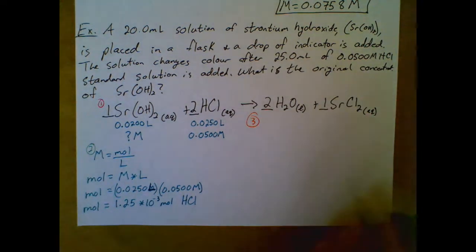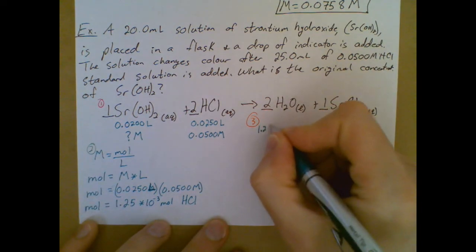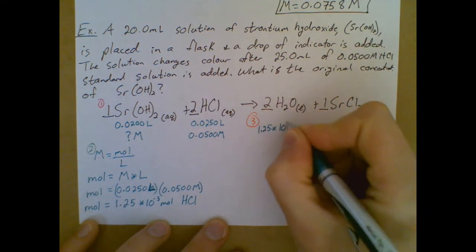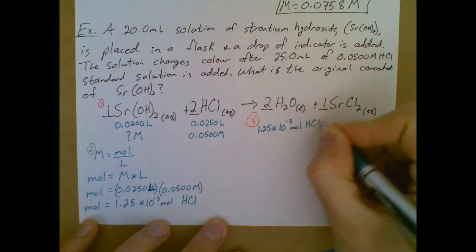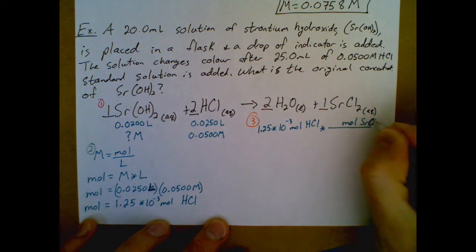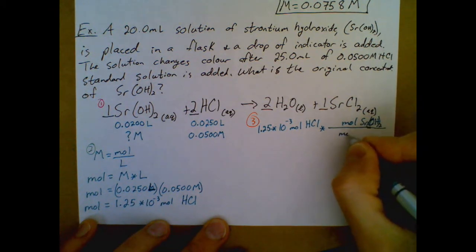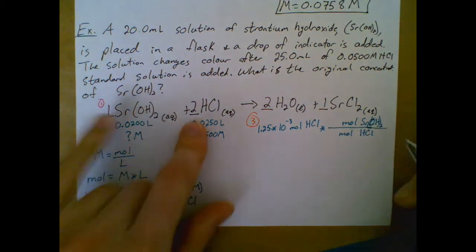Let's use our molar ratio. So I have 1.25 times 10 to the minus 3 moles of HCl. I'm going to convert this into moles of strontium hydroxide. Ooh, almost wrote chloride. From moles of HCl. Now, use your molar ratio here.